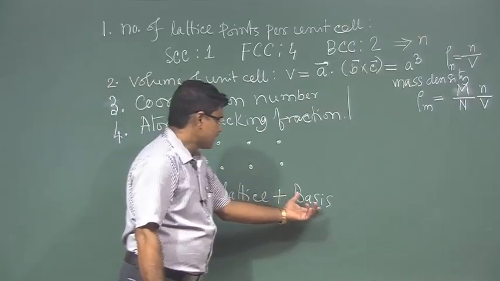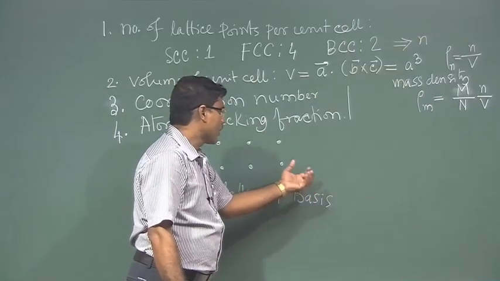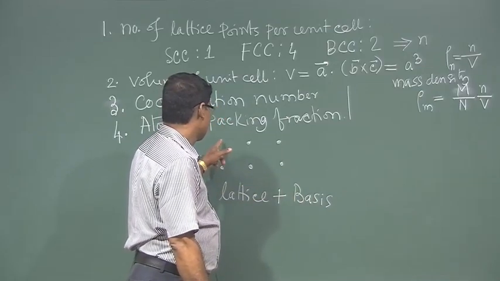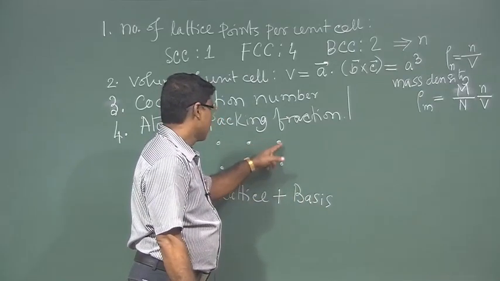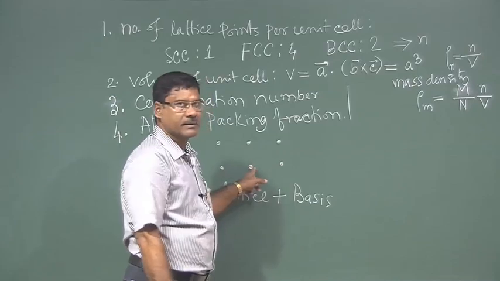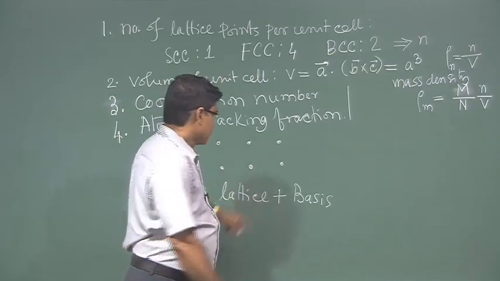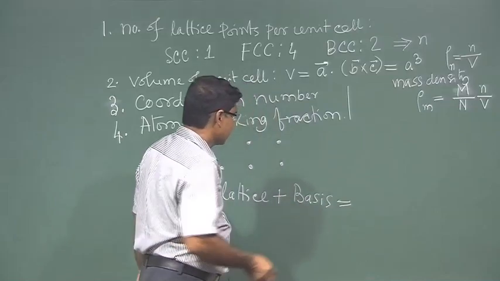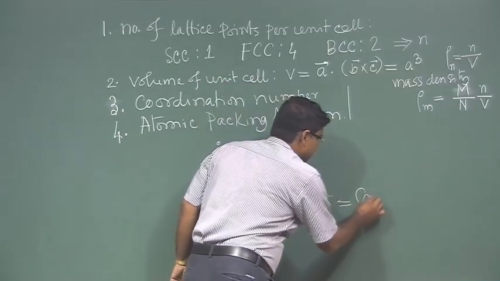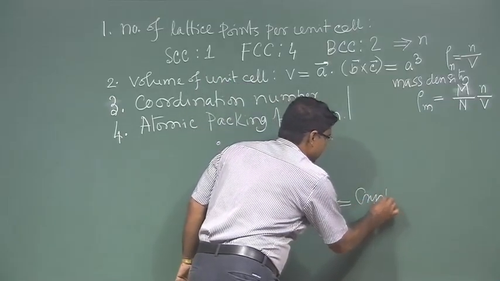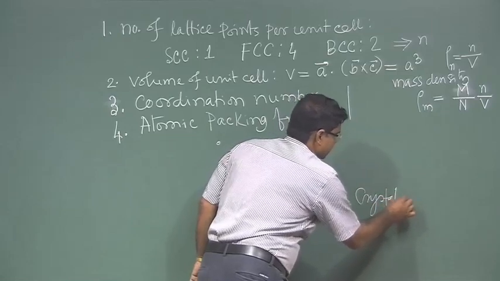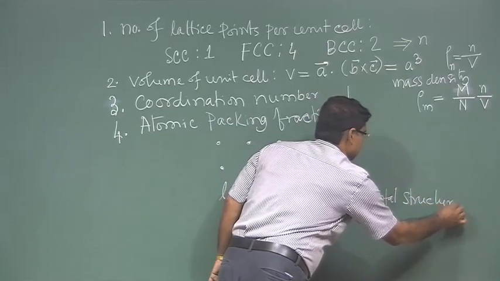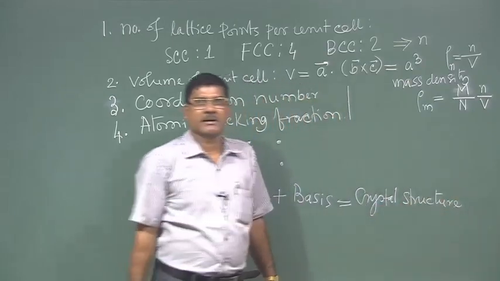So, basis is an atom or a group of atoms attached with each lattice point in same manner. So, then we will get the resultant one, the crystal structure, real crystal structure.